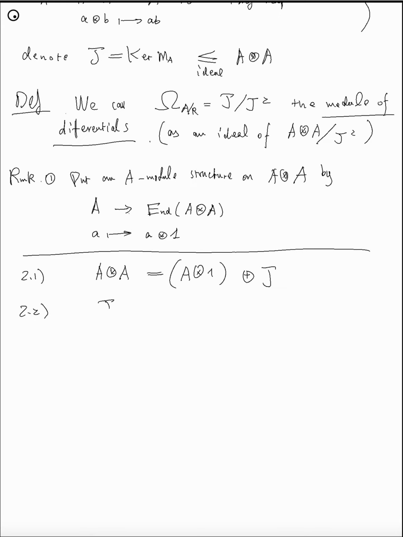Secondly, J is generated as a module by elements of the form xi dyi, so xi, yi in A, of course.